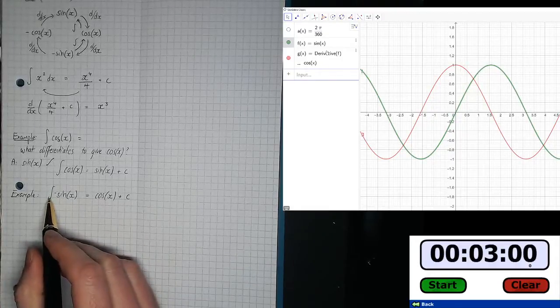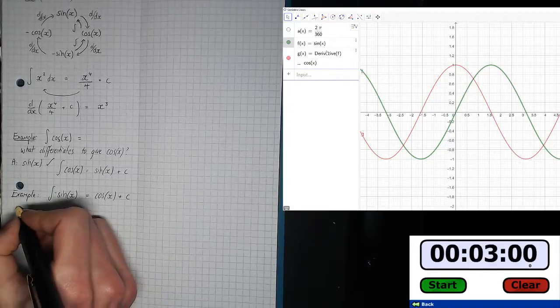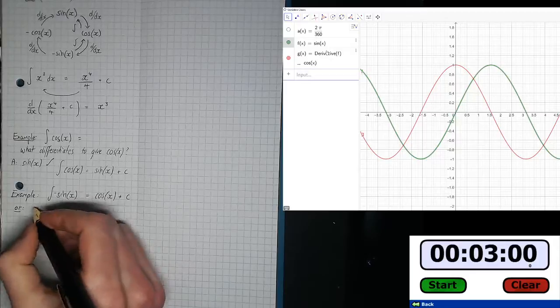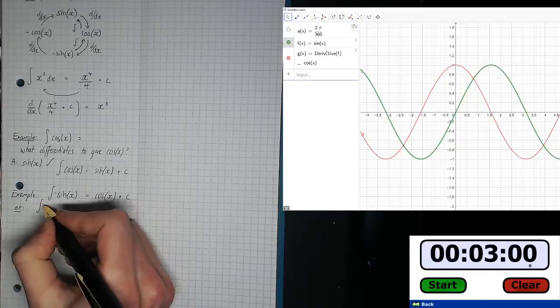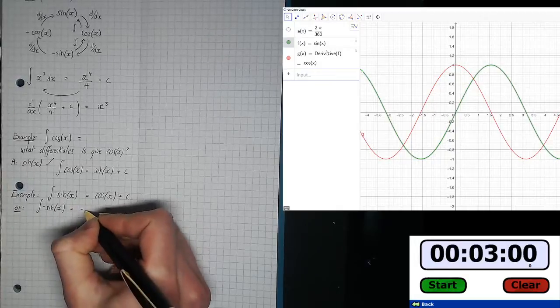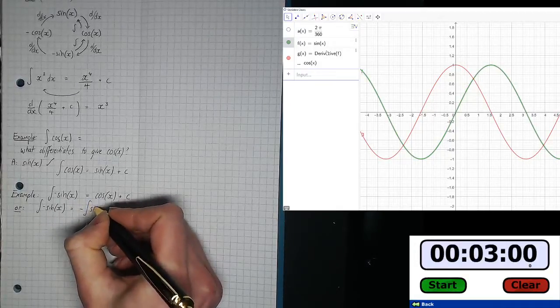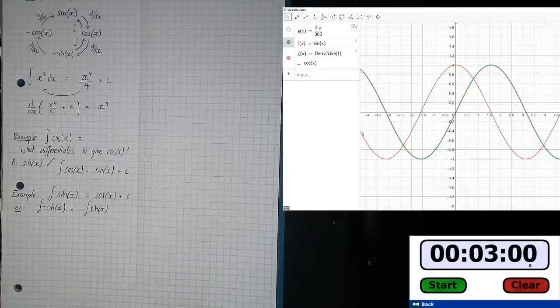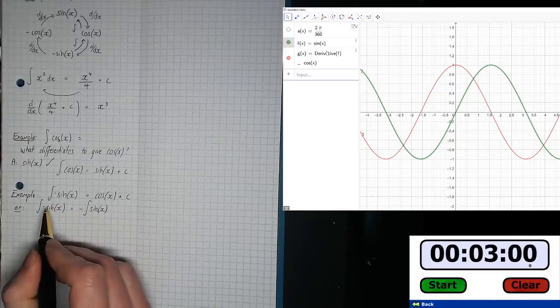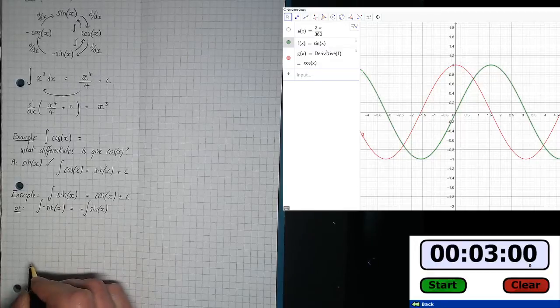Now, if we want to think a little bit more in depth, we could say that the integral of negative sine x is equal to negative the integral of sine x, just taking a factor of -1 outside of that integral.